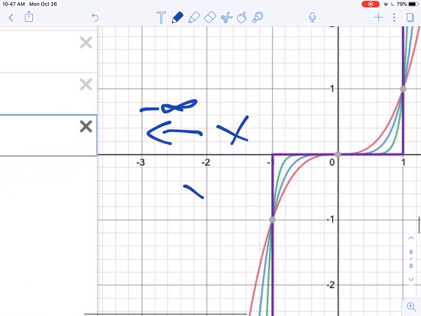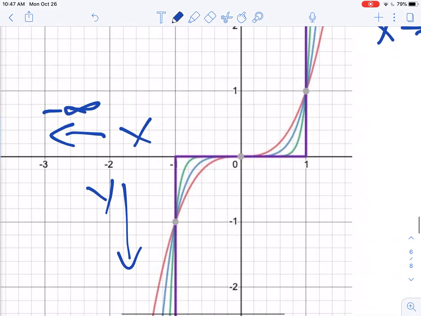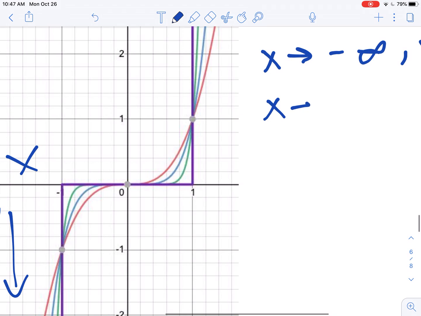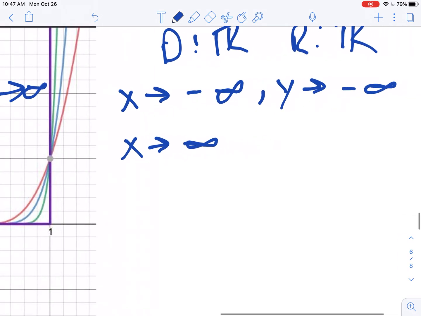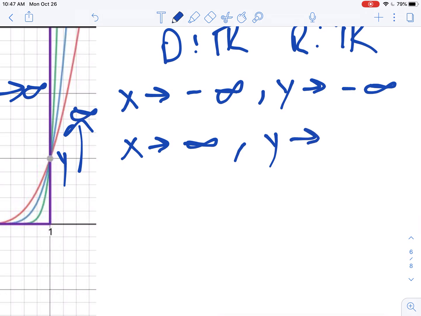My y values are going down in this case, so that's negative infinity. As x approaches positive infinity, so as my x values are moving farther and farther to the right and getting bigger and bigger, my y values are going up here. They're approaching positive infinity.